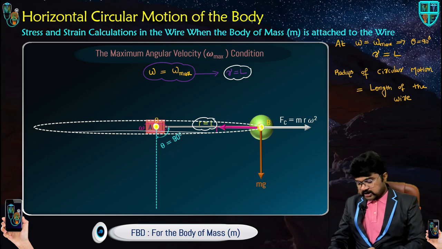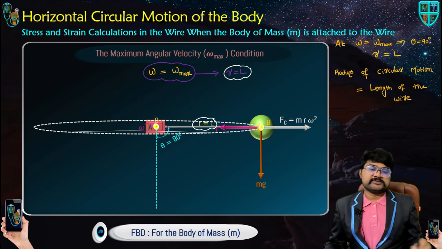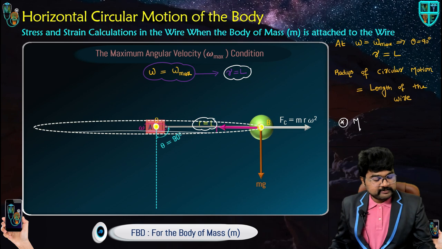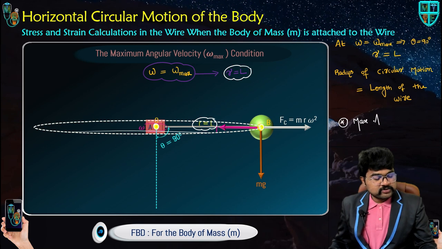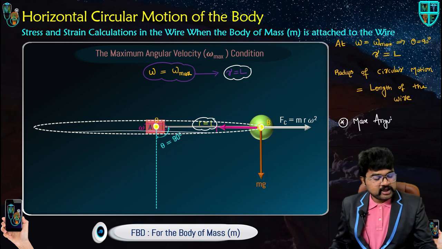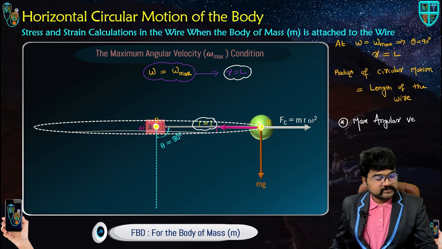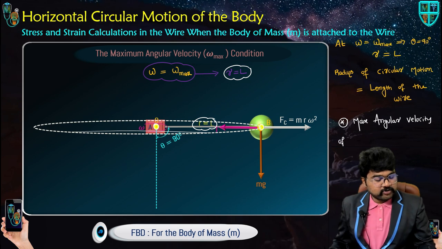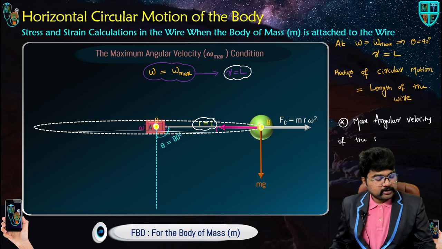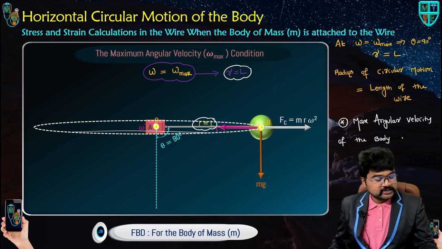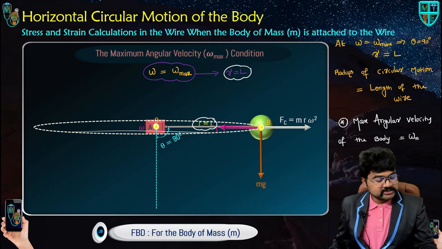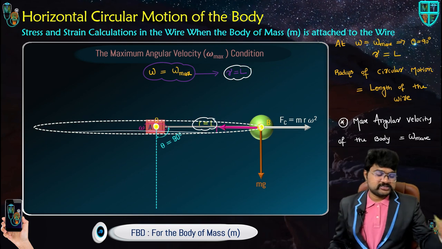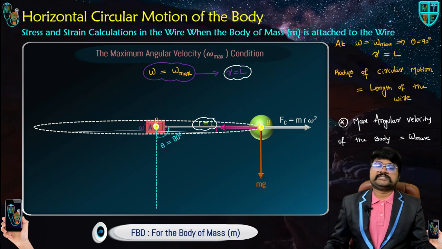R equal to L in the sense of maximum angular velocity condition, the maximum angular velocity of the body. Understood? At that condition, these things will be satisfied.